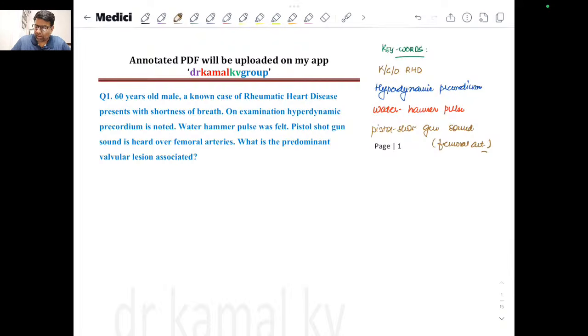Now, out of this, the most classical one, which should give you the answer, is water hammer pulse. This is also known as Corrigan's pulse. Now what happens here?